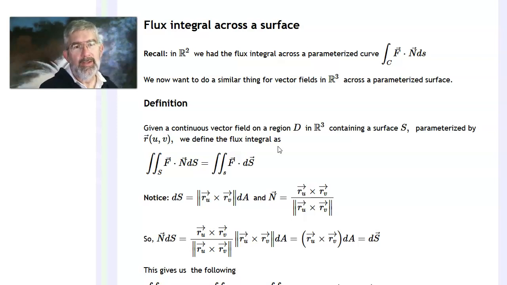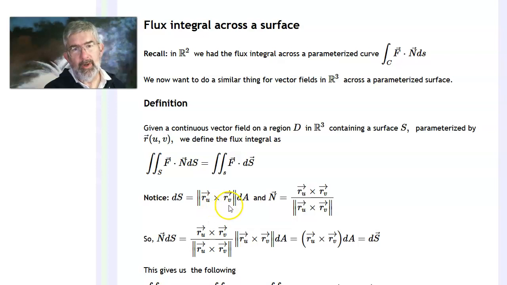So we just called that d little vector r, but now I'm calling it d capital vector S. And here's the reason. The little bit of surface area, dS, we saw from before was the cross product of the partial of r with respect to u and the partial of r with respect to v. Take the length of that times a little bit of area in the uv plane, little dA.